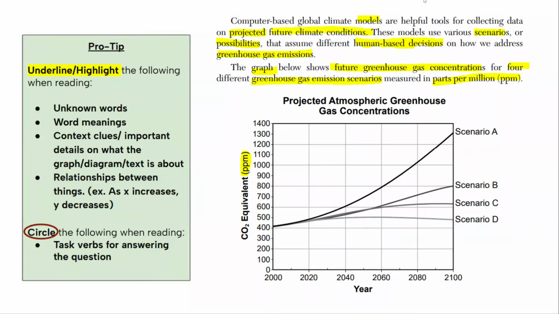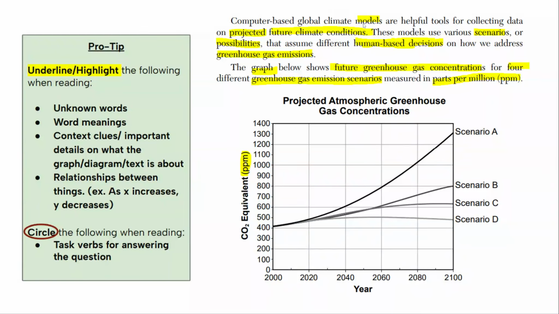I'm underlining or highlighting scenarios and possibilities because it seems that possibilities is the word meaning for scenario here. And these scenarios or possibilities assume different human based decisions on how we address greenhouse gas emissions. So, context clues, I'm highlighting that.